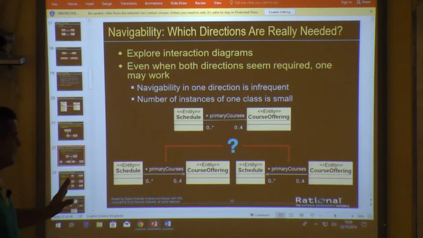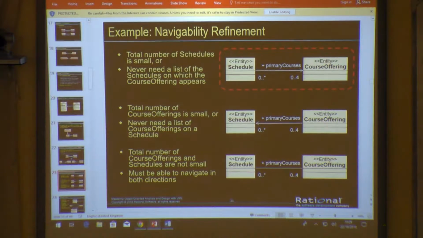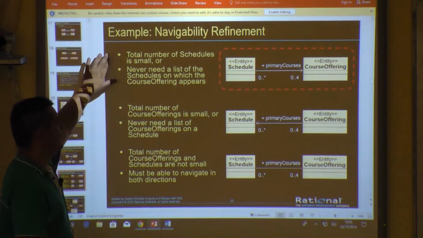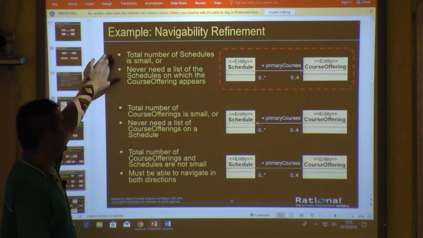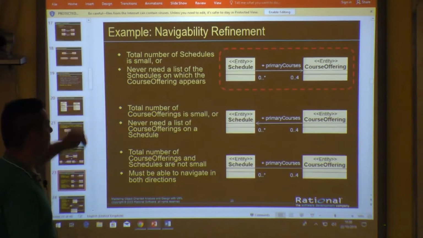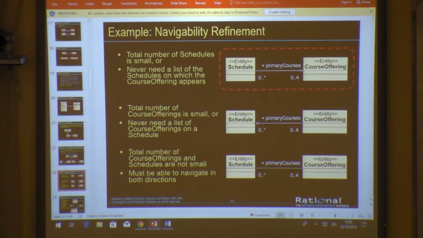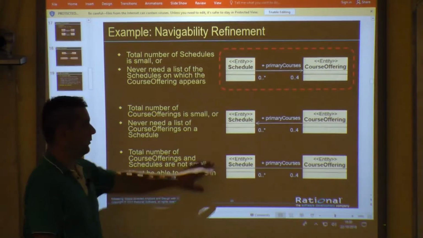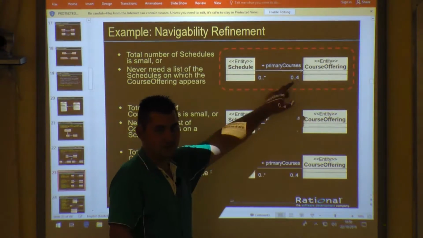So then what do we need to look at quickly is this. Which direction are we working with? On the next slide, I have a very big discussion about it. For example, if the total number of schedules is small or never needed, or we don't need a list of the schedules on which the course offering appears, then we would probably have something like this.